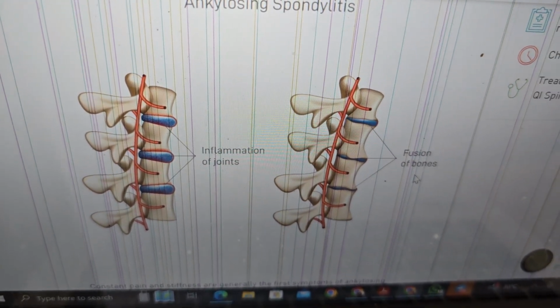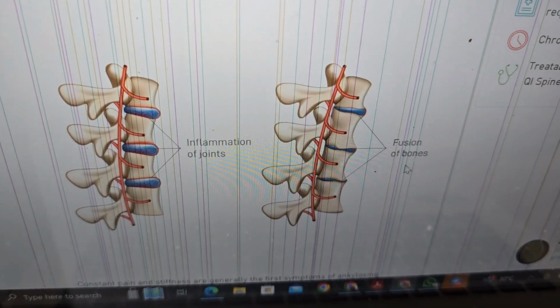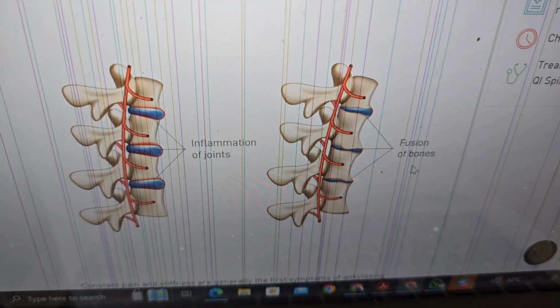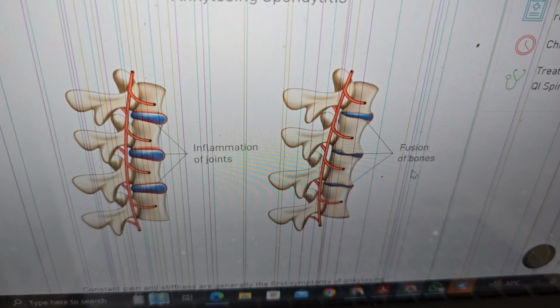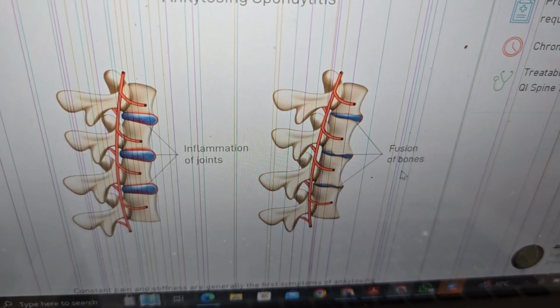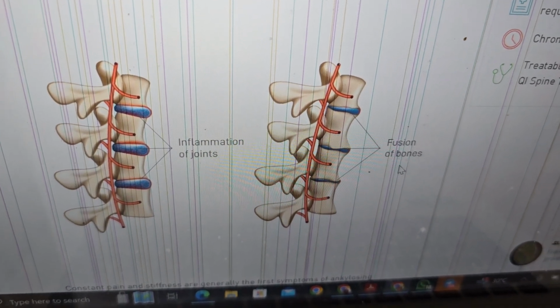The same thing happens at the atlantoaxial joint, and when this happens there, it can cause a fracture and neurological deficits.